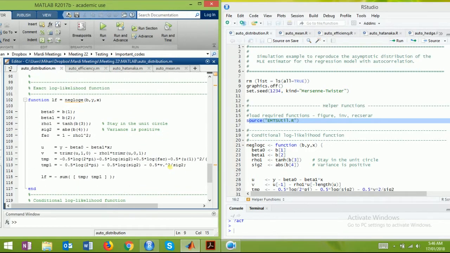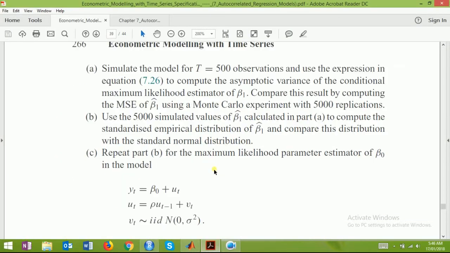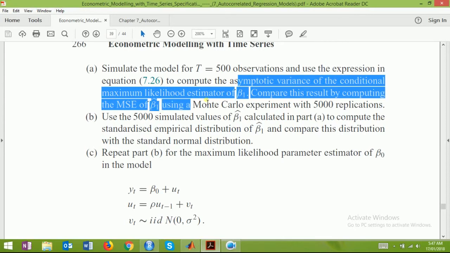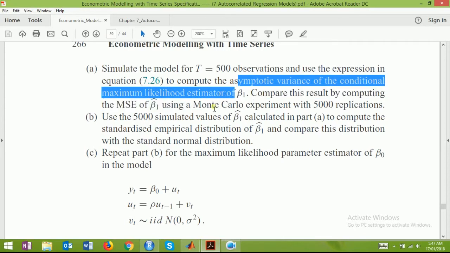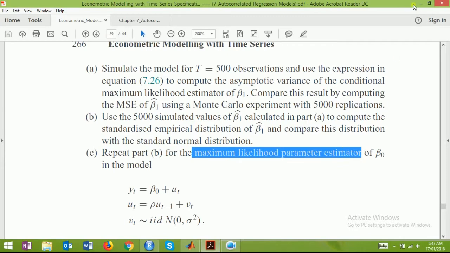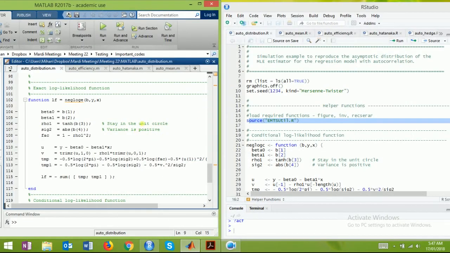We need to write a log likelihood function, exact and conditional log likelihood function, because the questions need us to estimate the maximum likelihood estimator. Conditional maximum likelihood estimation: simulate the model to compute the asymptotic variance of the conditional maximum likelihood estimator of beta 1, and for the maximum likelihood estimator of beta naught.